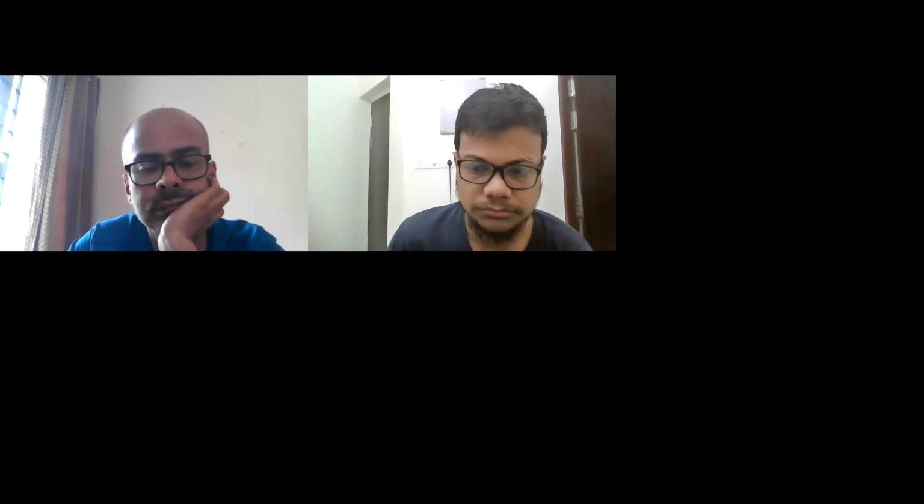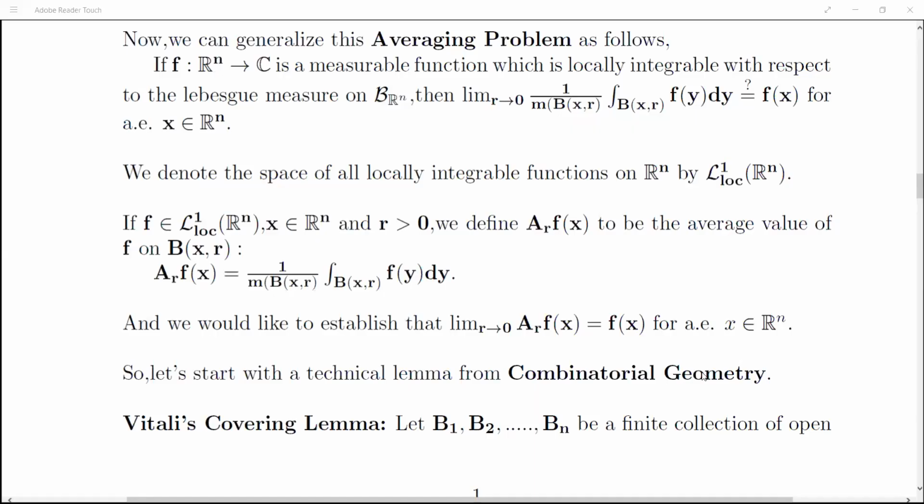Now you are replacing this continuous function by a locally integrable function, and going to the measure setup. So that's how it generalizes the notion of differentiation in Euclidean space.